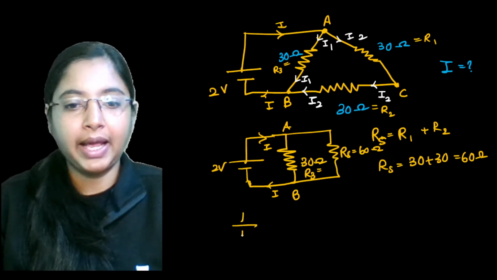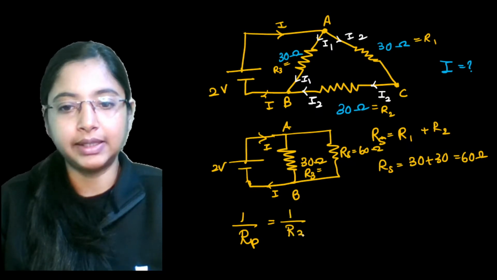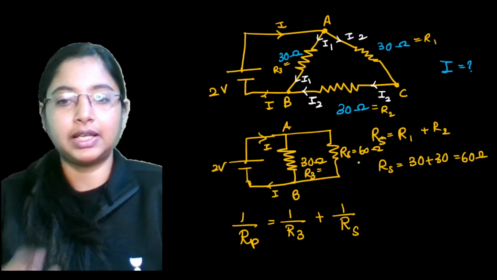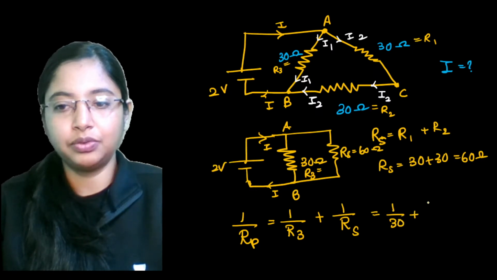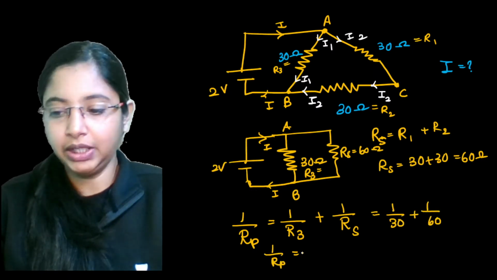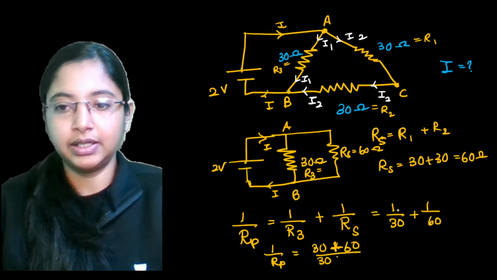For parallel, the effective combination will be 1 by R3 plus 1 by the effective resistance of the series combination. So this will be 1 by 30 plus 1 by 60. Rearranging, 1 by RP is (30 plus 60) divided by 30 into 60.